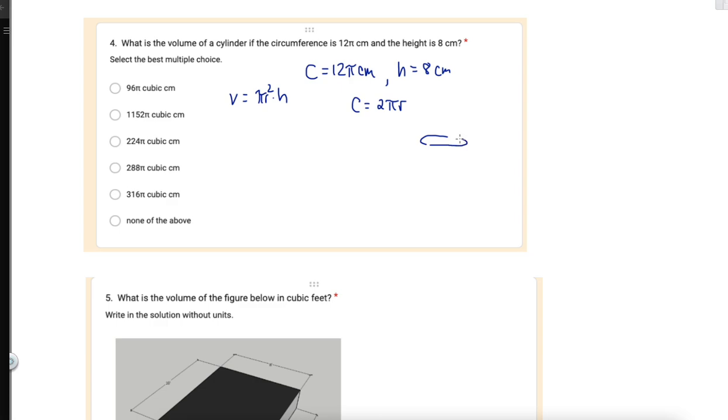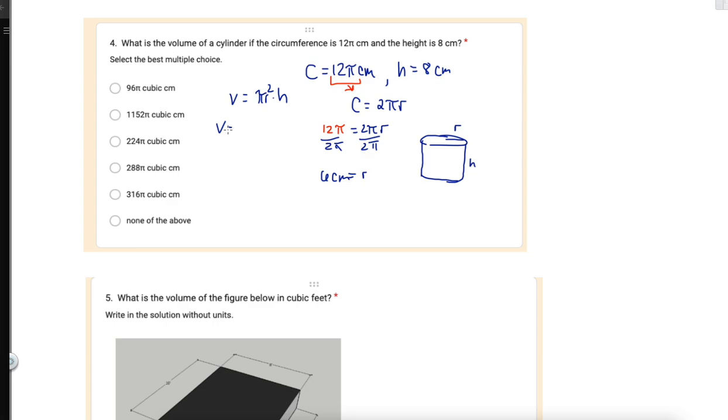If we know the circumference, we can find the radius, and if we know the radius and the height, we can get the volume. So we put in 12 pi for C and solve for r. We divide 2 pi to both sides, and r is 6 centimeters.